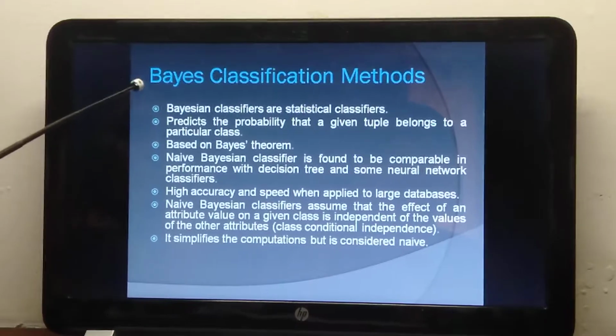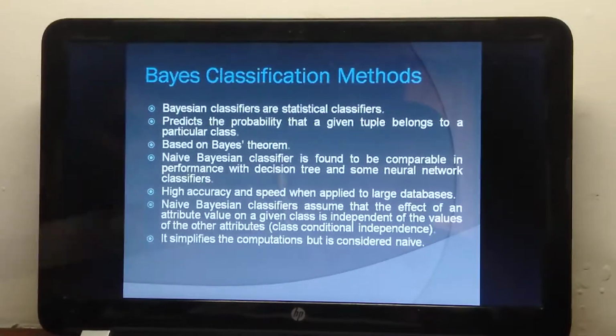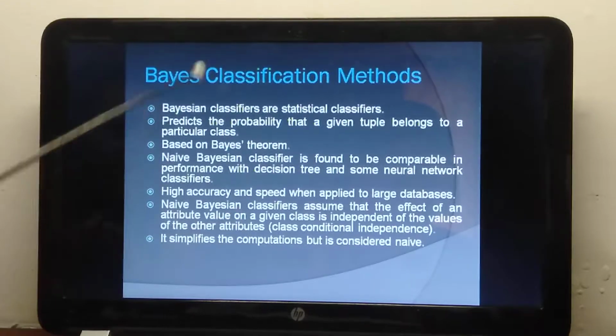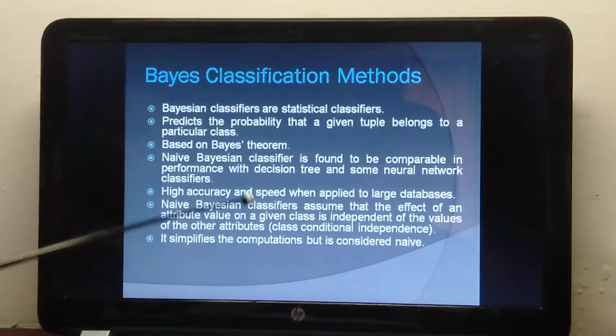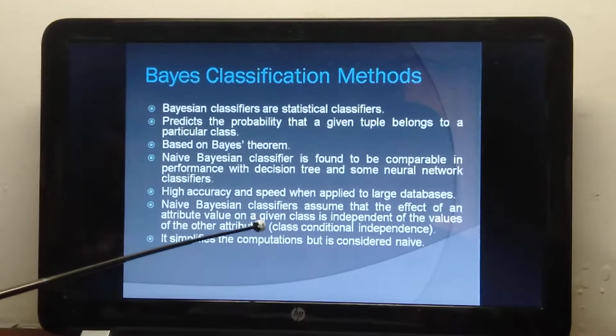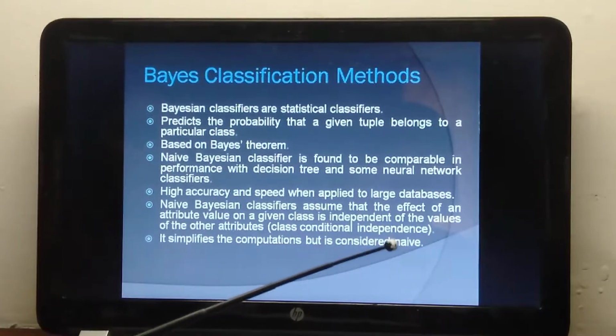Now, if you want high accuracy and speed, then you require large databases for naive Bayes classification. It assumes that the attributes are independent, and that classes are also conditionally independent.